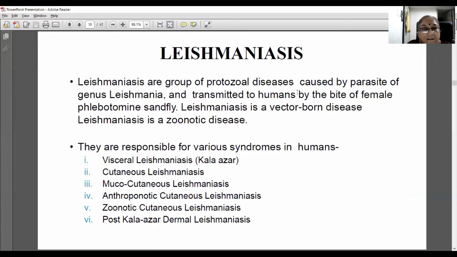Leishmania is responsible for causing various syndromes in humans like visceral leishmaniasis, which is also called Kala-Azar, cutaneous leishmaniasis, mucocutaneous leishmaniasis, anthroponotic cutaneous leishmaniasis, zoonotic cutaneous leishmaniasis, and post-Kala-Azar dermal leishmaniasis.